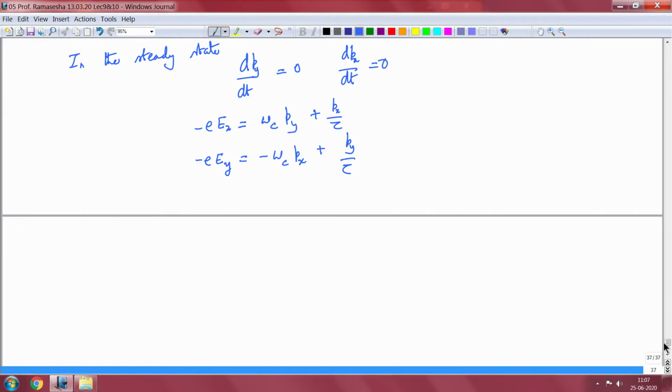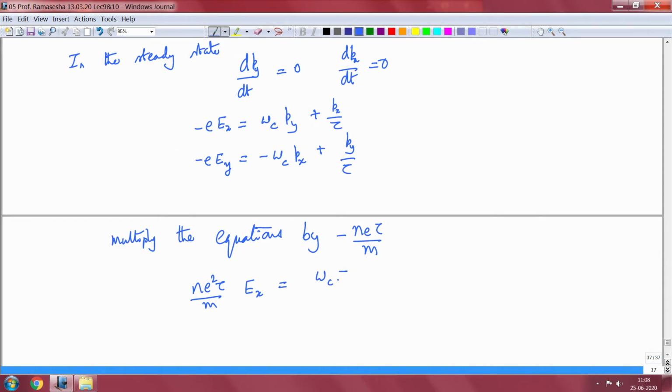If these equations are multiplied by minus n e tau by m, what we would get is n e squared tau by m Ex is equal to omega c tau times Jy plus Jx.